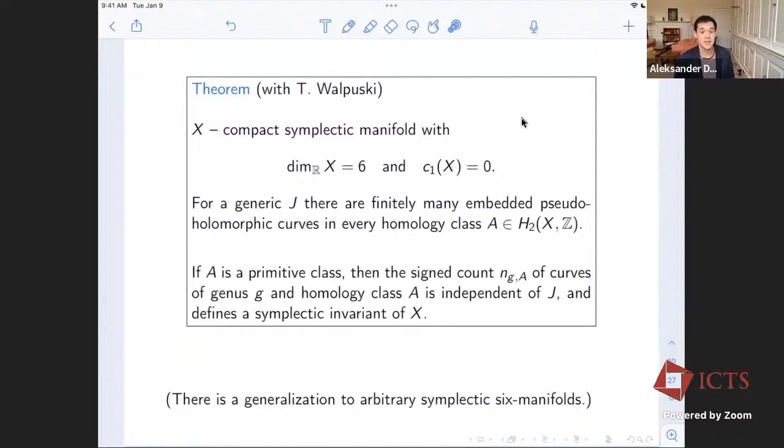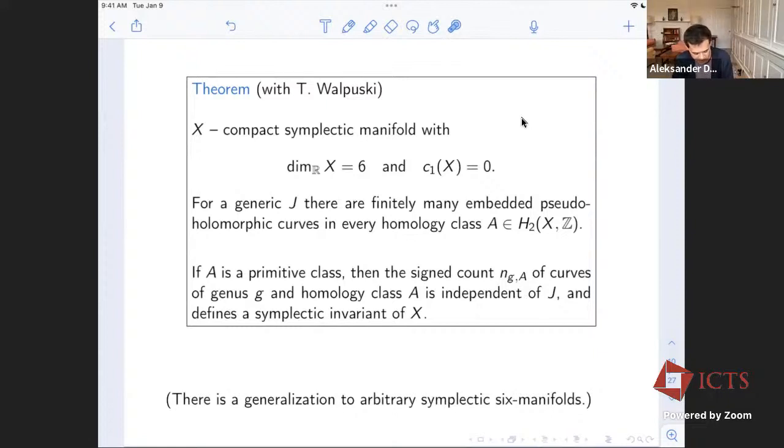This is like a symplectic analog of the Calabi-Yau condition, the Calabi-Yau threefold. Let me just say that there is in fact a generalization of this theorem that deals with arbitrary symplectic 6-manifolds. It's very similar to this one. For simplicity, I'm assuming this Calabi-Yau case.